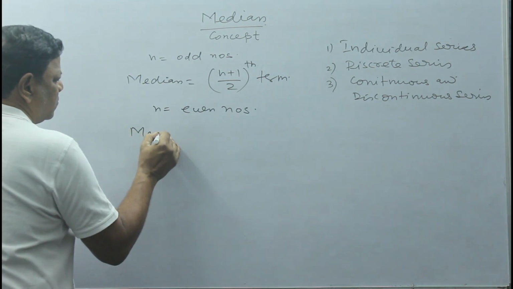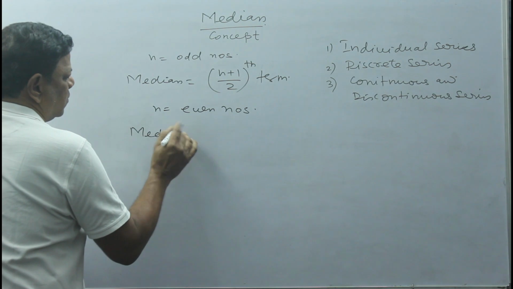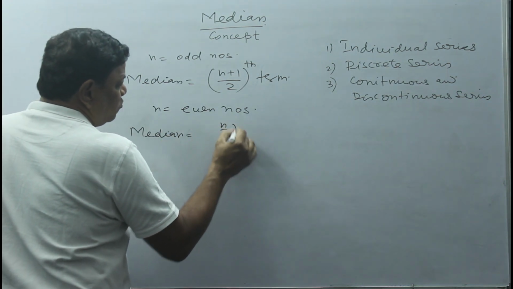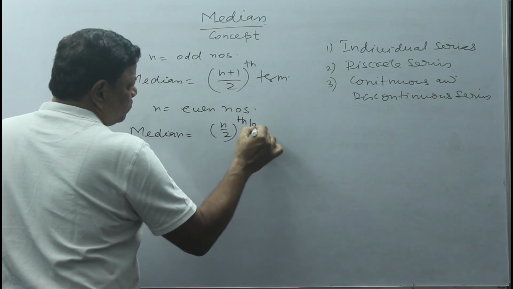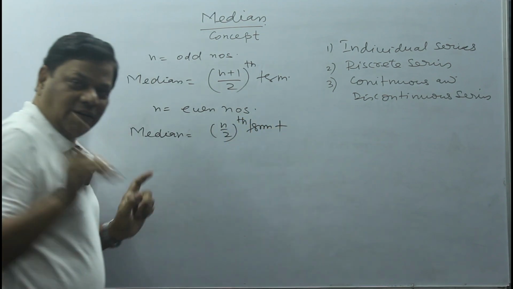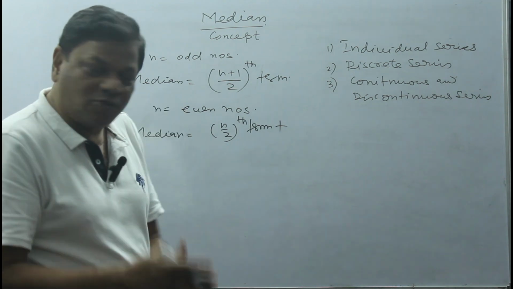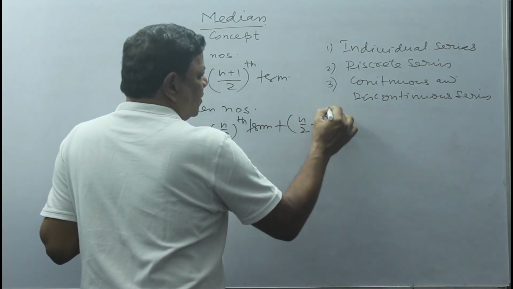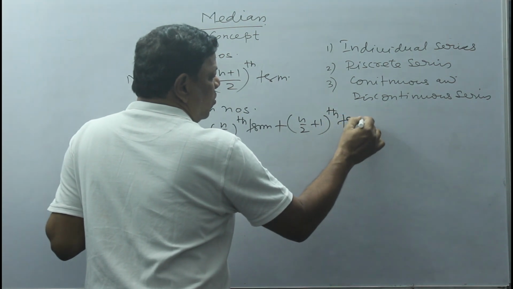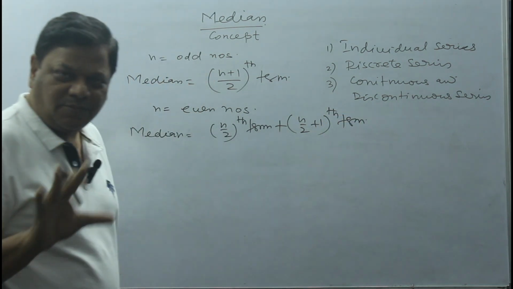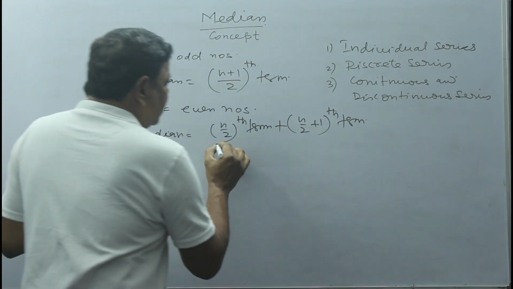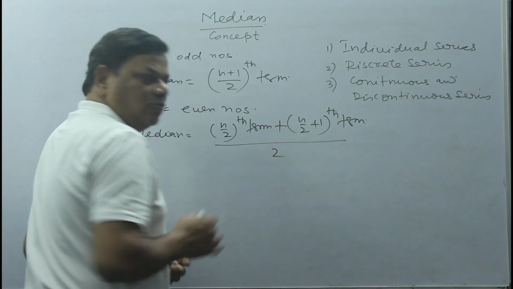Median equal to n by 2 term, meaning one term I will get, and the next term also, that means n by 2 plus 1. That is the next one. On this basis, I will do sums. More nicely you will understand the formula of this. And these 2, add it and divide by 2.